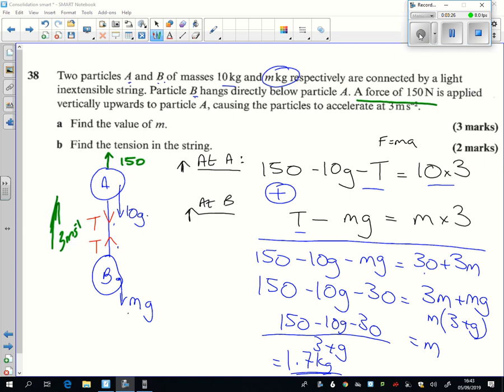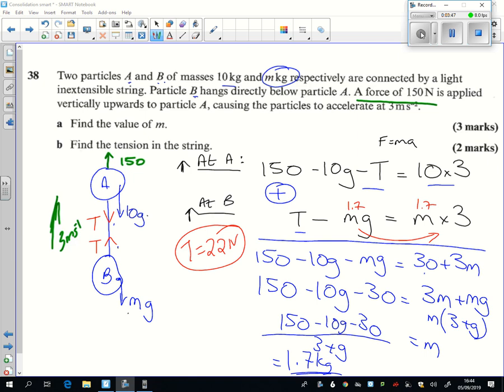We could just put it straight back in. Sorry, just stick the 1.7 straight back in there, 1.7 there, 1.7 there, add those things to both sides, and you can find out that the tension was 22 newtons.